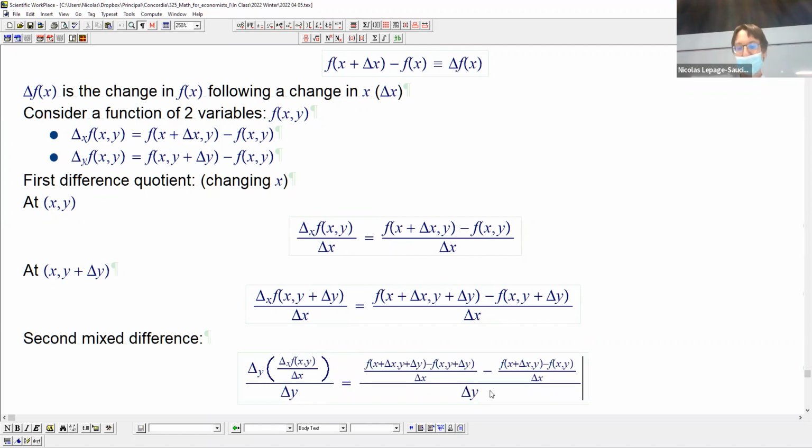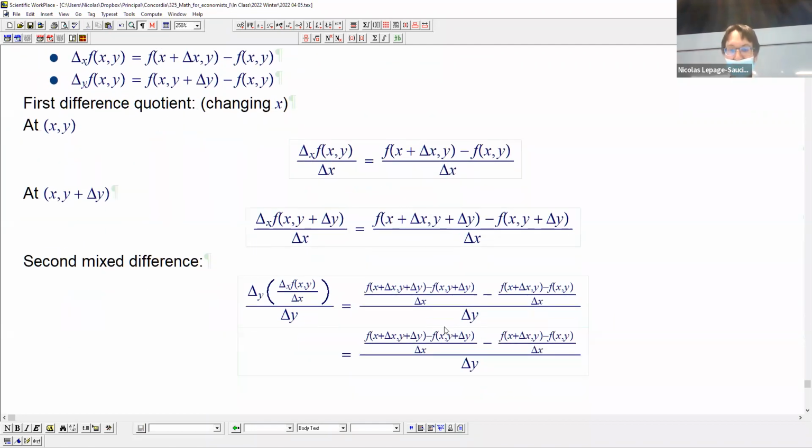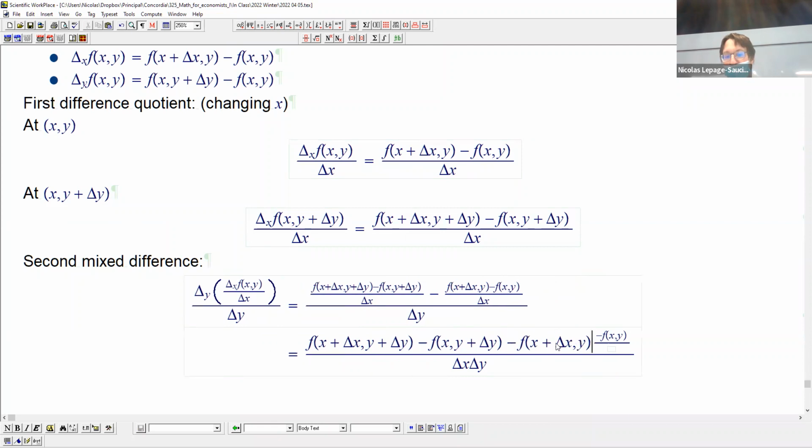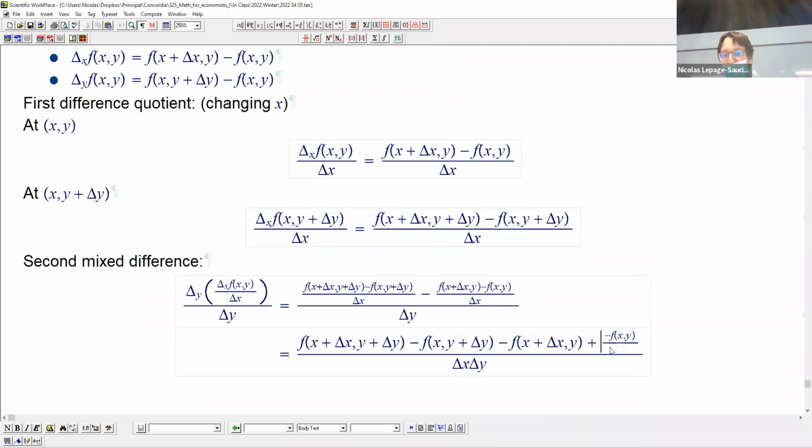And let's just see what we get. So it's divided by delta x on both fractions. So let's just put delta x at the denominator. And then I have here f of x plus delta x, y plus delta y, minus f of x, y plus delta y. And then I have a minus in front. So this is minus. And then minus, this is plus.